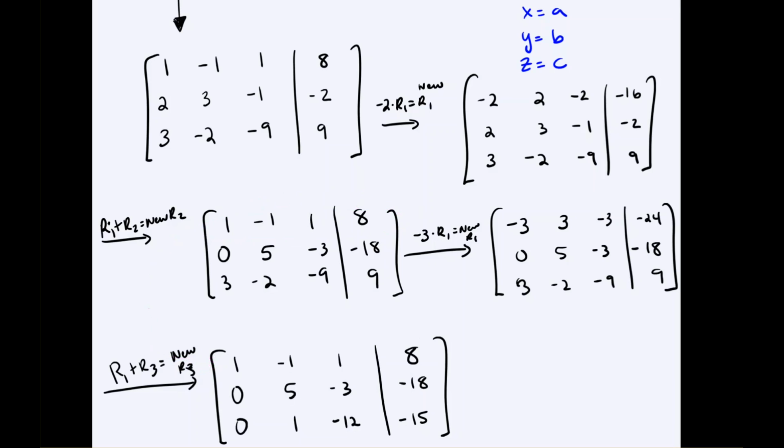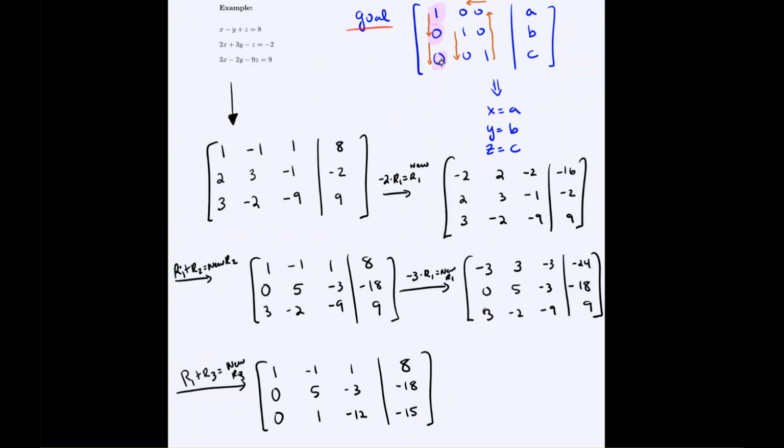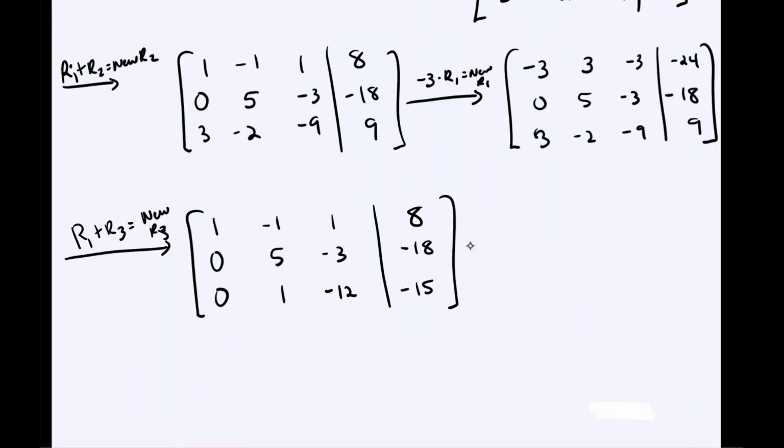We keep track of our goal. We see we now have the first column done. So next I want to make the middle entry a 1 as well. Looking here, I currently see it's a 5. So I know I can multiply everything by 1/5 and that will turn that into a 1. So we'll say 1/5 times row 2 is the new row 2.